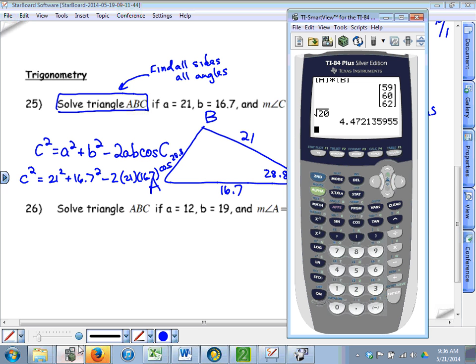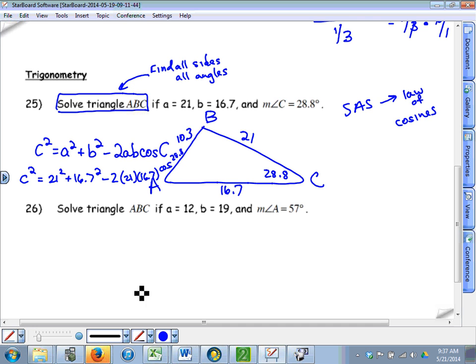If you're pretty good at using your calculator, you could type this all in at once as the square root of 21 squared plus 16.7 squared minus 2 times 21 times 16.7 times the cosine of 28.8. Once you've got it set up, it really doesn't take that long to do on a calculator. I'm getting 10.3. Somebody better check that. You got that? Yeah. All right, we'll go with that. So side c is 10.3.